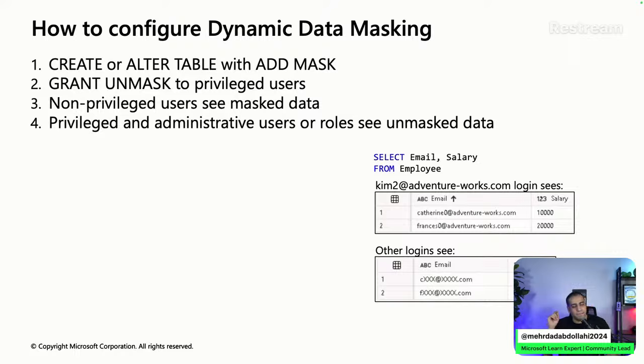It is going to be masked for the users in the other roles, and if you want a specific user to see that data, you can just grant unmask to that user, and non-privileged users of course see masked data.